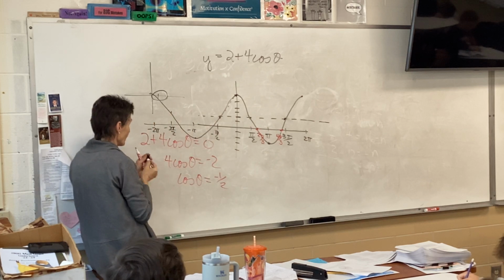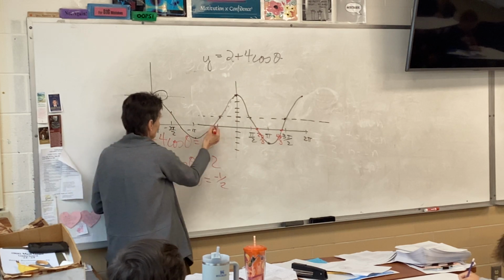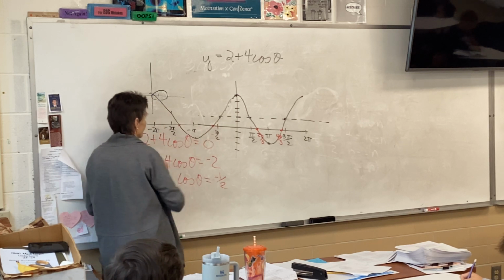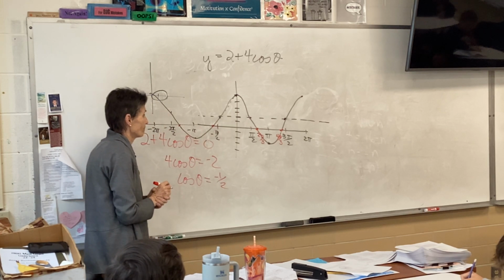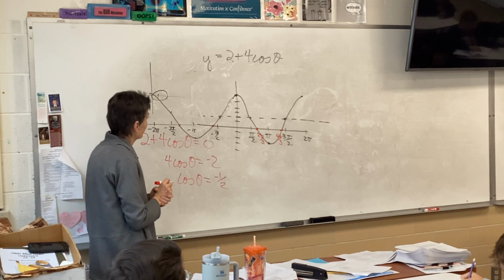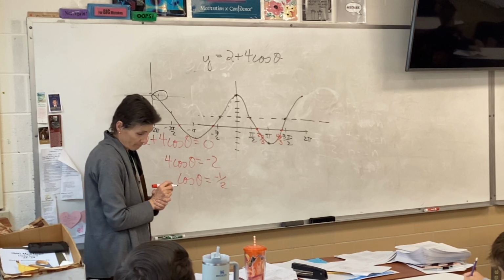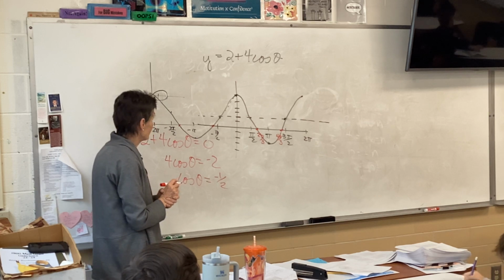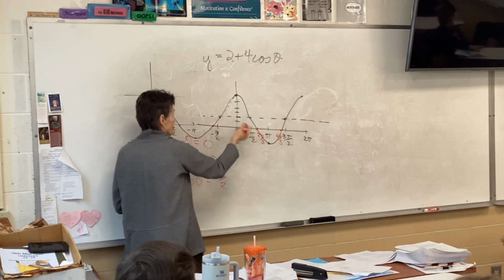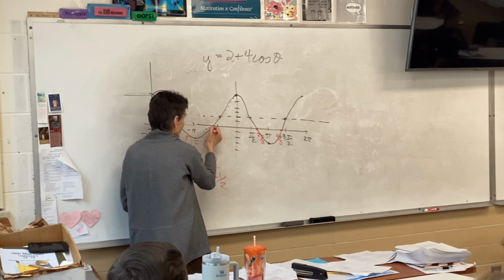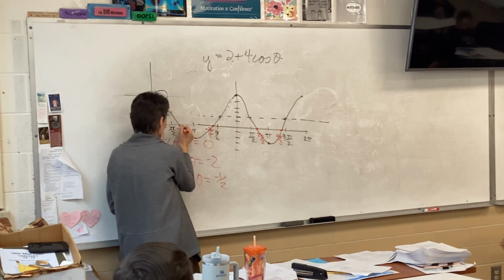Any thoughts on where these 2 would be back here? Yeah, isn't this symmetric, guys? So if that's 2 pi over 3, this will be -2 pi over 3 and negative 4 pi over 3.